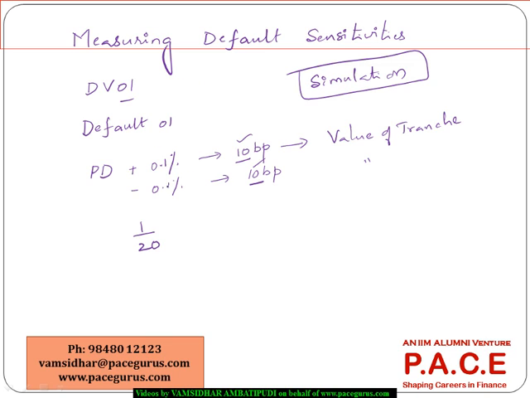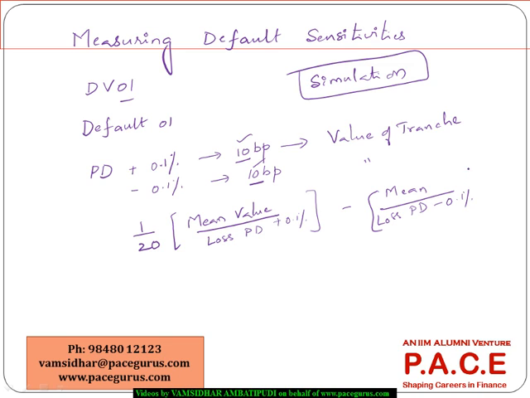Here we are not increasing the probability of default by 1 basis point, we are increasing it by 10 basis points, and that's the reason I am taking 1 by 20 times the mean value, and the mean value I am dividing by the loss based on the initial probability of default, and to this I am adding 0.1%, and again I am subtracting the mean value divided by the loss based on the original probability of default minus 0.1%, or minus 10 basis points.